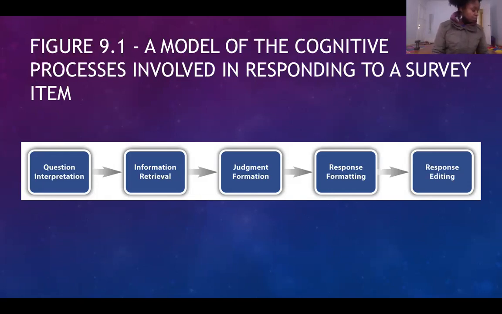So here we actually have a model from chapter 9 that you can find on page 156 in your textbook. Okay, so this is figure 9.1. It is a model of the cognitive process involved in responding to a survey item.